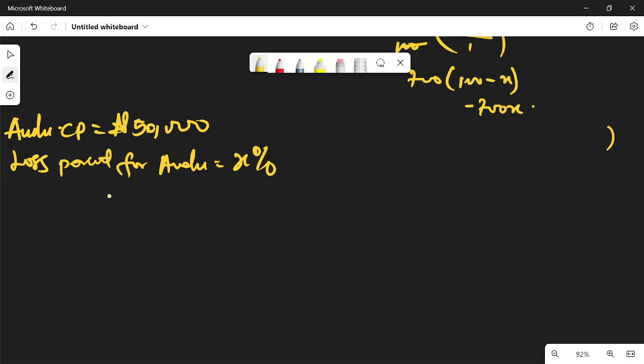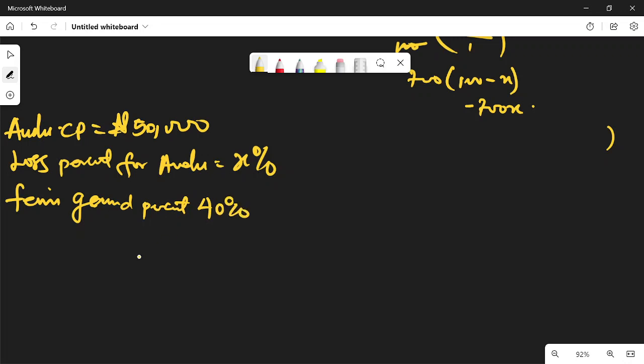Femi sold the article to Oche at a profit of 40%. So when Femi sold it, his percentage gain, Femi's gain percent, is 40%.